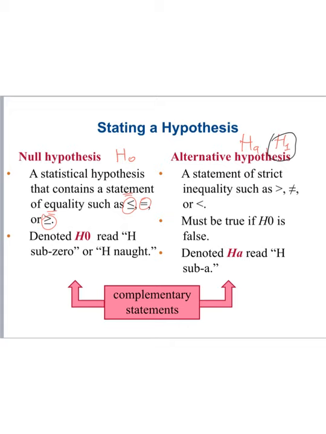Notice that your alternative hypothesis contains signs like greater than, not equal to, or less than. There is no equal sign, right? The equal sign is crossed out. So it must be true if the null hypothesis is false, and the same, the null hypothesis must be true if the alternative hypothesis is false. And these two are complements of each other.